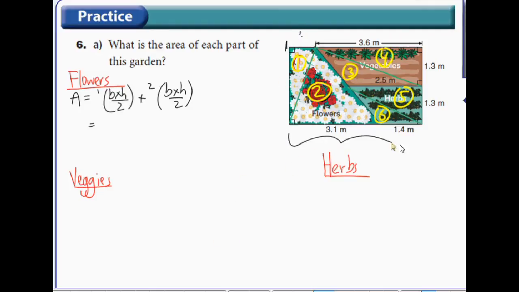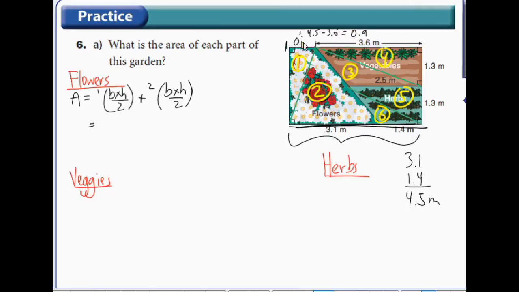Well, we have this whole side here, which is 3.1 plus 1.4. That's going to be 4.5 meters. So the whole length here is 4.5 meters. That means this little bit here is going to be 4.5 meters minus this part here, 3.6, which is going to be 0.9.